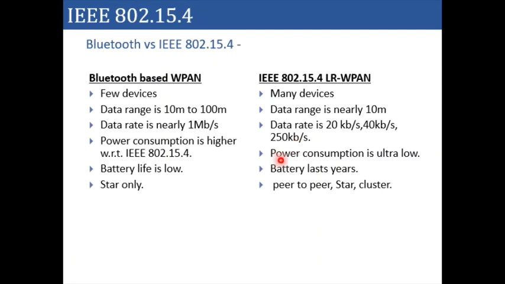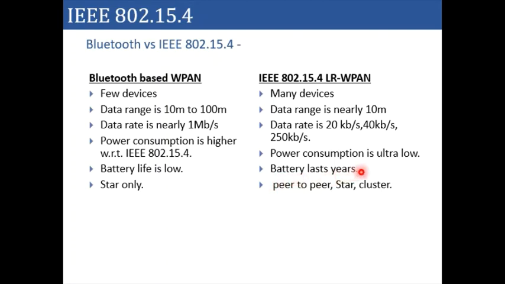Here the power consumption is ultra low because the overall wireless sensor network is designed to deploy in those areas where power is the constraint. So in that case, the power consumption will be ultra low. So when you compare with Bluetooth, it is more power efficient.